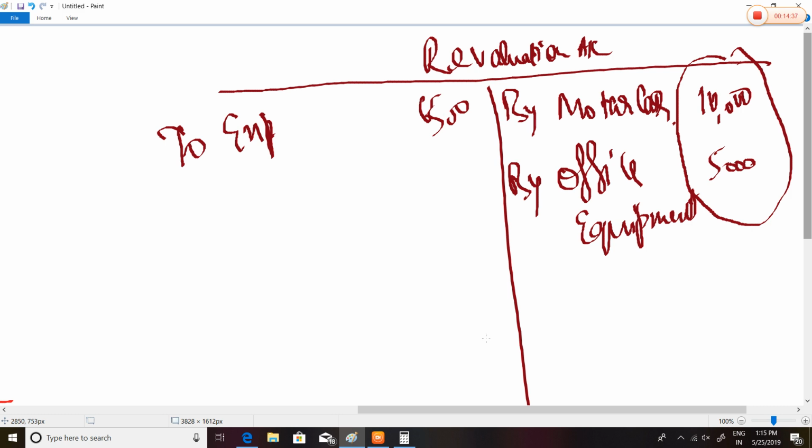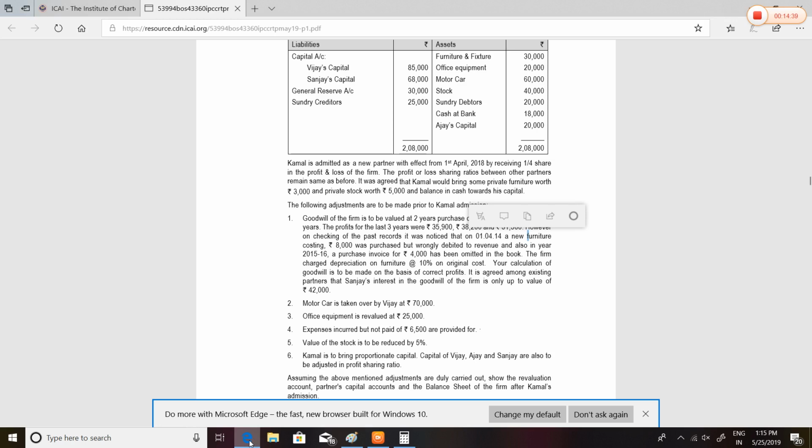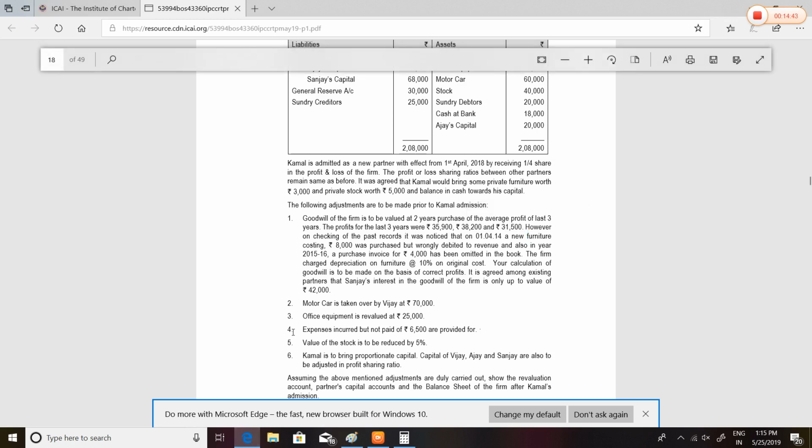Expenses 6,500 done. Next thing, the value of stock is to be reduced by 5%.